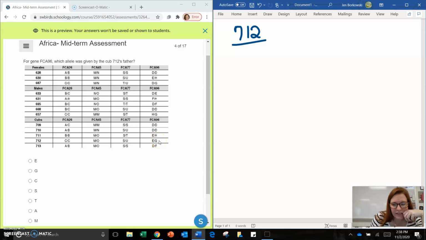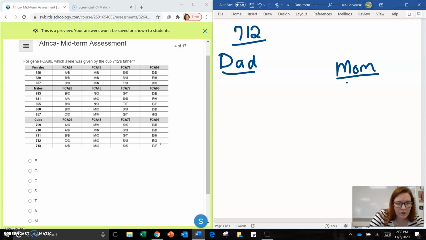And the easiest way to do this is to do process of elimination like we did before. So I'm going to find out who the parents are first. Okay, moms are 628s, 630s, and 687s.